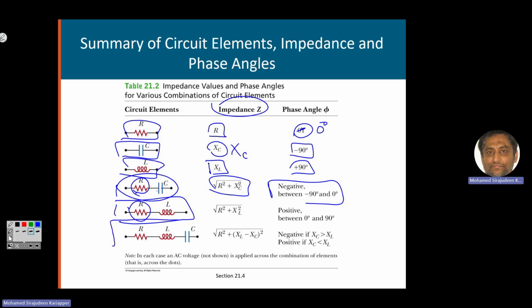This is the general case when you have all three, so the impedance will be this. And here we have to look at this: if XL, the reactance from the inductor, is greater than the reactance from the capacitor, it will be positive. If the reactance from the inductor is less than the reactance from the capacitor, it will be negative.